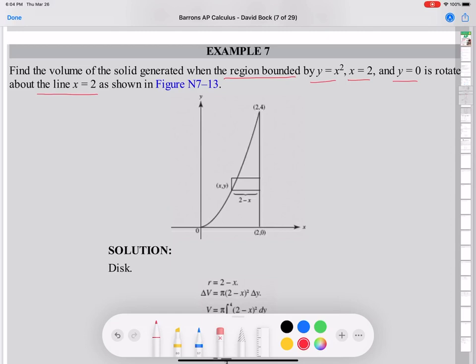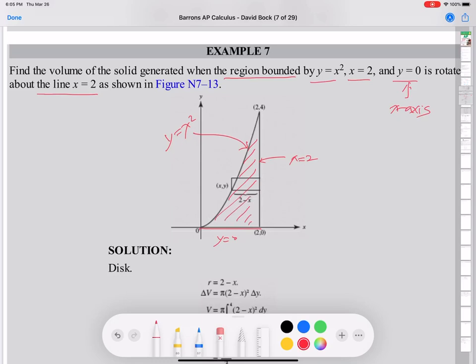So y equals x squared, this line is x equals 2, and y equals 0 means the x-axis, right? The equation of the x-axis is y equals 0. So this is the shaded region, right?